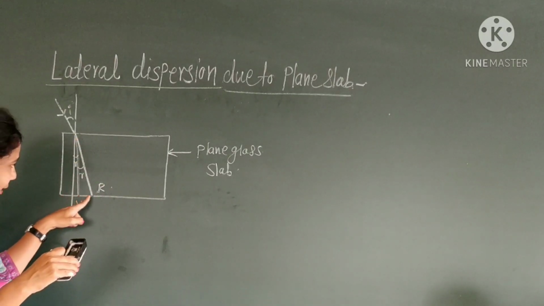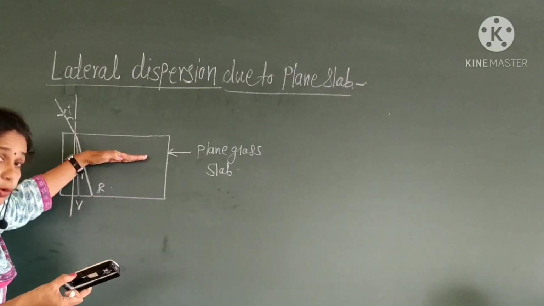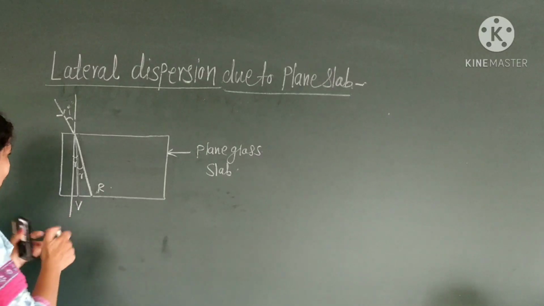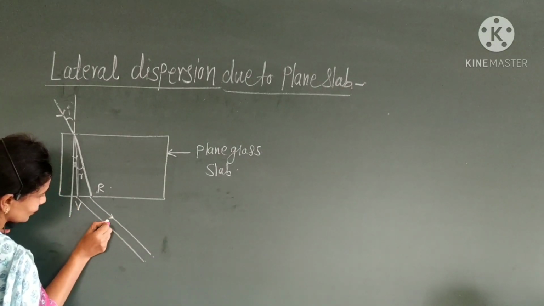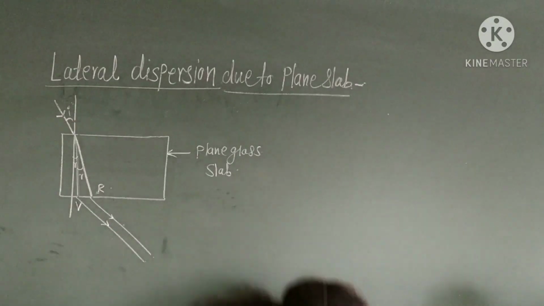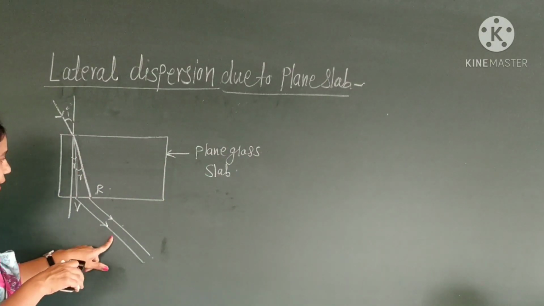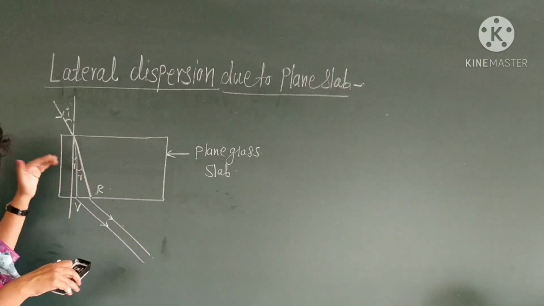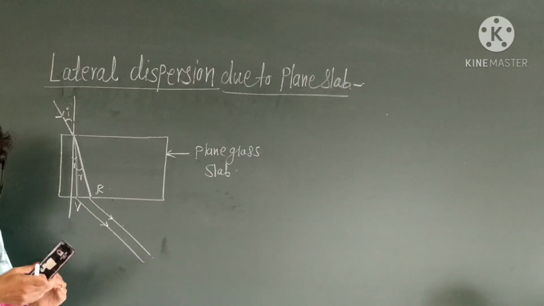Again this refracted ray travels, and when it travels from the denser medium to the rarer medium, what happens? It bends away from the normal like this. This is called the emergent ray. These rays are called emergent rays, making an angle of refraction. Here for red color it is δR and for violet color it is δV.